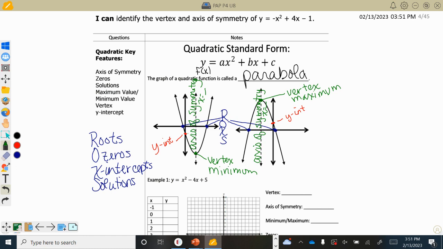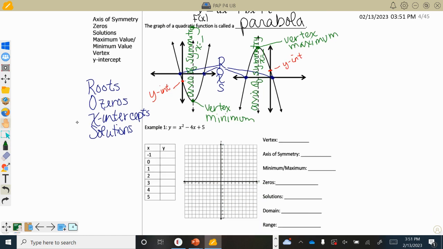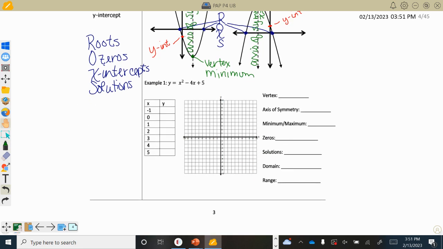So let's talk about actually graphing these parabolas. First things first, take our example, y equals x squared minus 4x plus 5.